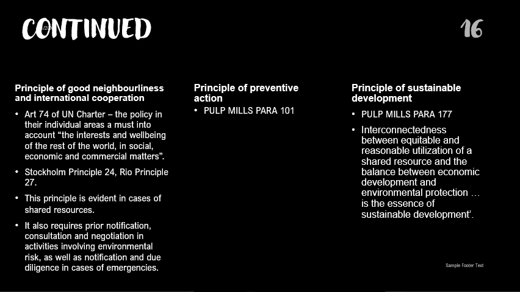This principle is also recognized in the WTO. It has been generally accepted as integrating economic and social development and environmental protection. It is also explained in the Shrimp-Turtle case. I explained this case before.